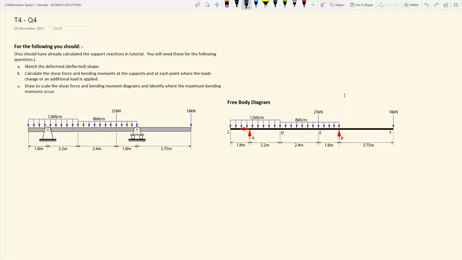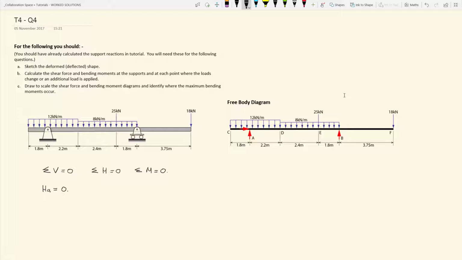They state that the sum of the vertical forces equals 0, the sum of the horizontal forces equals 0, and the sum of the moments equals 0. We can see that there are no horizontal forces applied to this particular beam, so therefore we can simply write that HA, that's the horizontal reaction at A, equals 0.